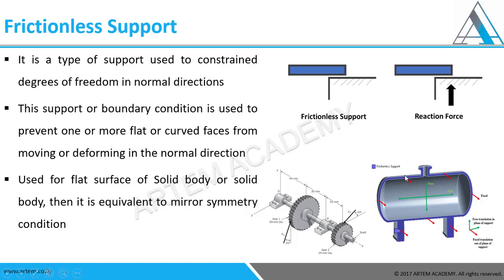That means we are constraining normally. It is a type of support used to constrain degrees of freedom in the normal direction, always used to prevent flat or curved surfaces from moving in that direction. Since we have cut this section, the reaction forces will affect, which is why we apply frictionless support at the symmetric faces along that direction.